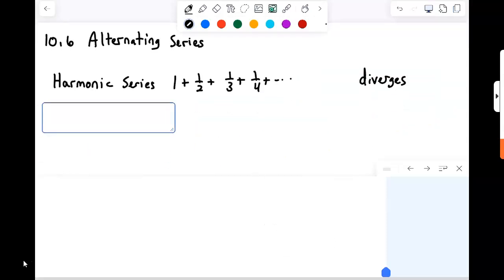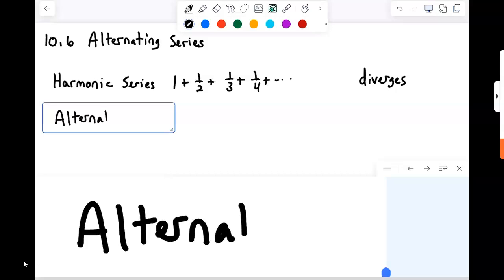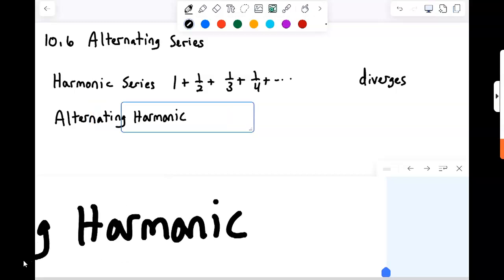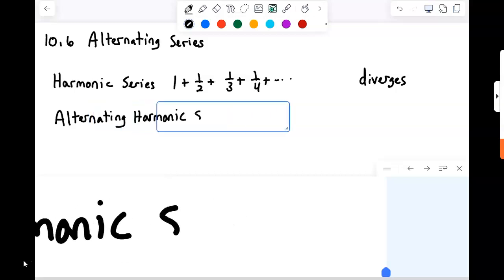So now we ask, what about the alternating harmonic series? What if we alternate the terms from positive to negative? Will that make a difference?